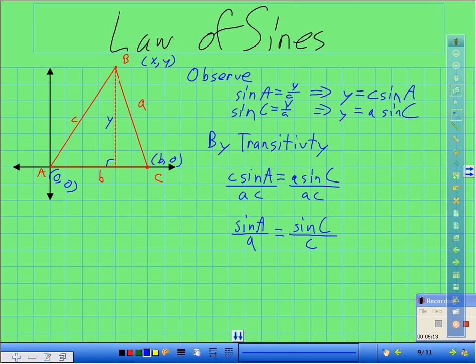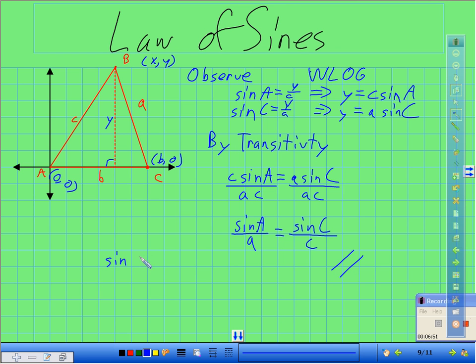And one of the things that's exciting is that if I put in an altitude from A, or from any other vertex, we can do the same thing. One of the terms we use is without loss of generality. That means that when we do it for one, we can in general explain it for all. And that's the law of sines.